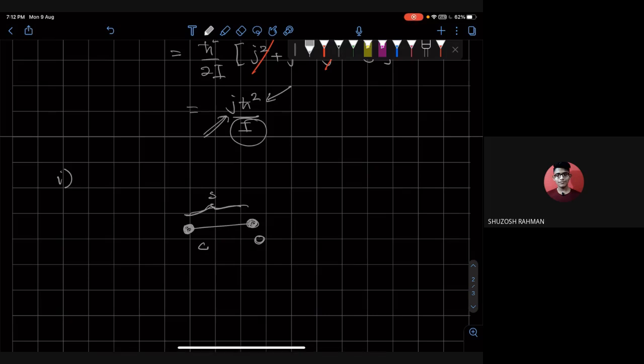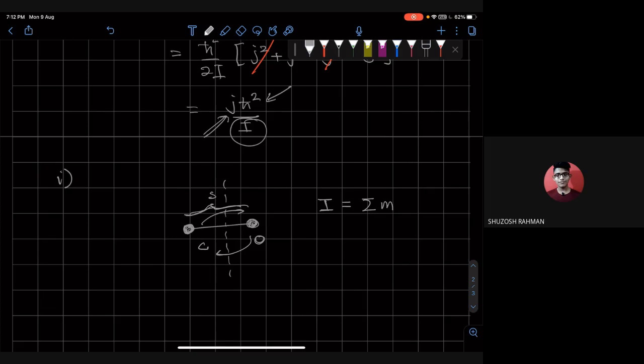If I knew the moment of inertia around an axis of rotation that goes through its center of mass, then for a very small rotation I can approximate it to be a non-rotating molecule.